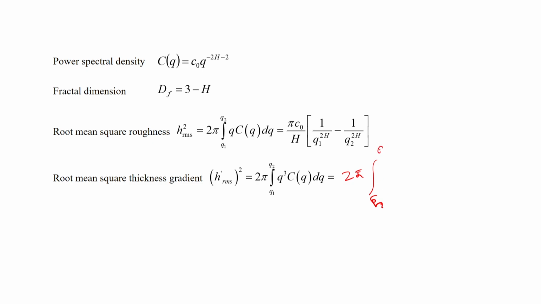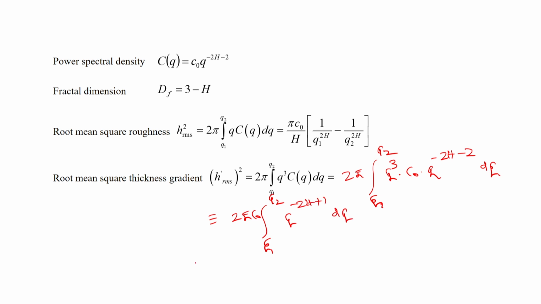So this is q1 and q2, this is q cube, C of q is C0 into q to the power minus 2h minus 2 dq. So therefore this will be 2 pi, q1, q2, and this is C0, and this is q to the power 3, so it is minus 2h plus 1 dq.